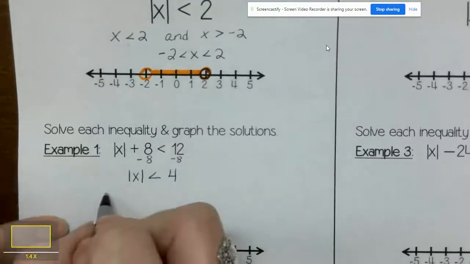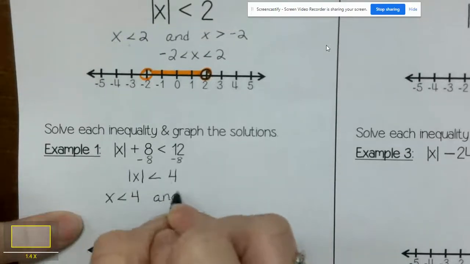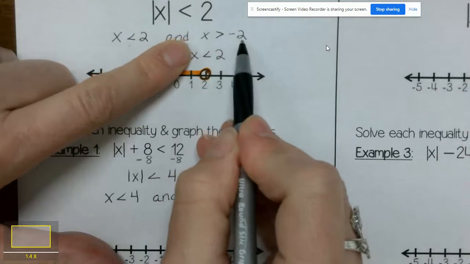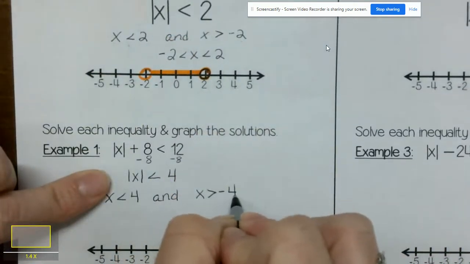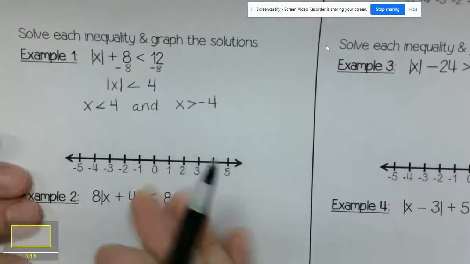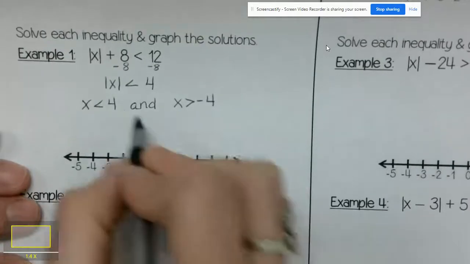So we're going to do x is less than 4, and x is greater than negative 4. When in doubt, always refer back to something that you've already done. So we have these two answers.